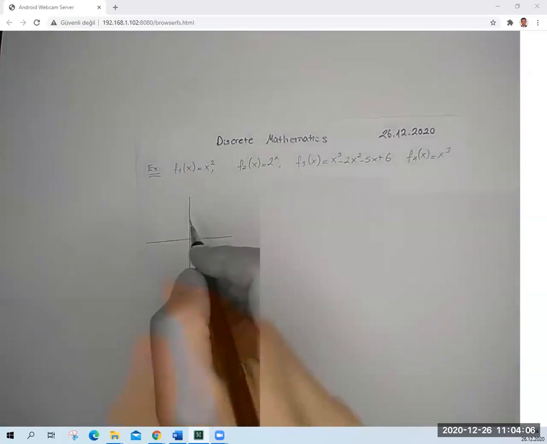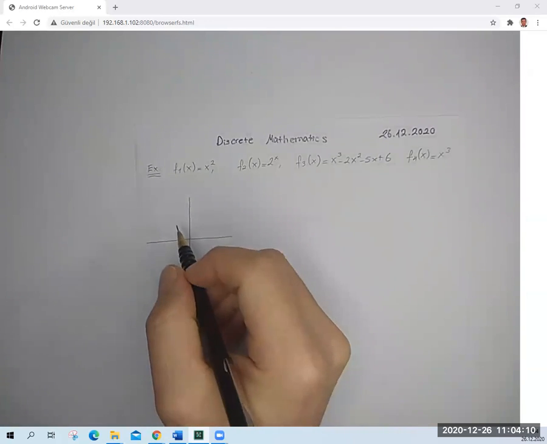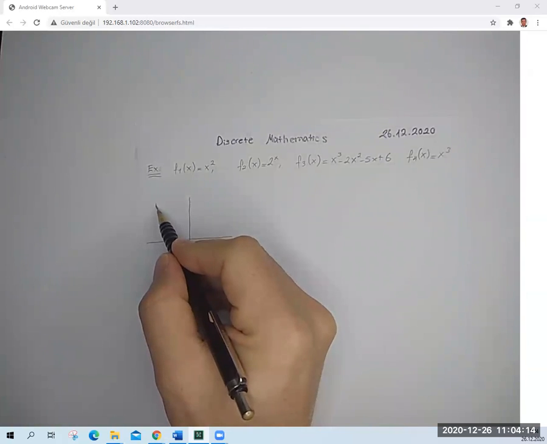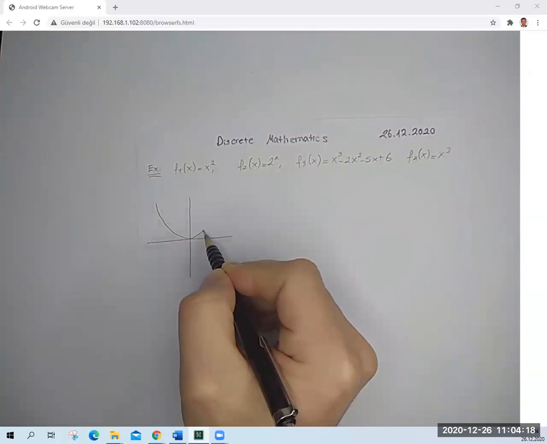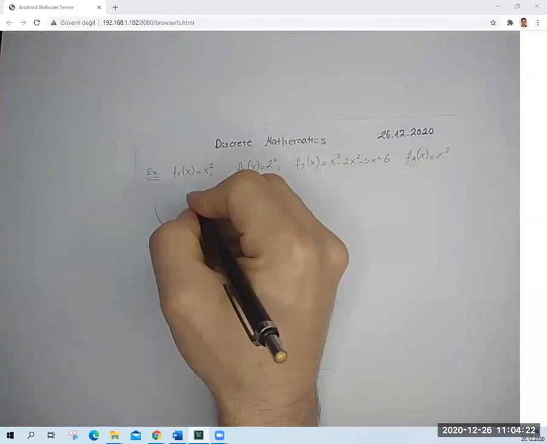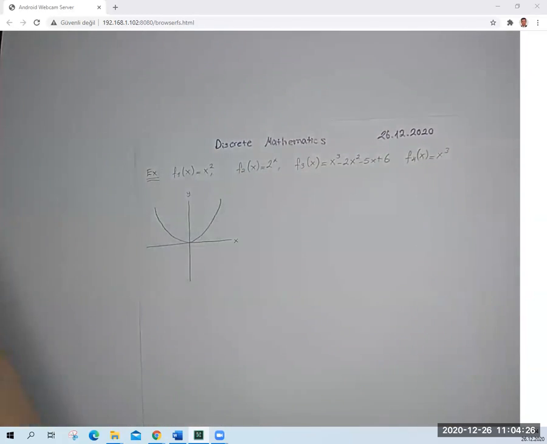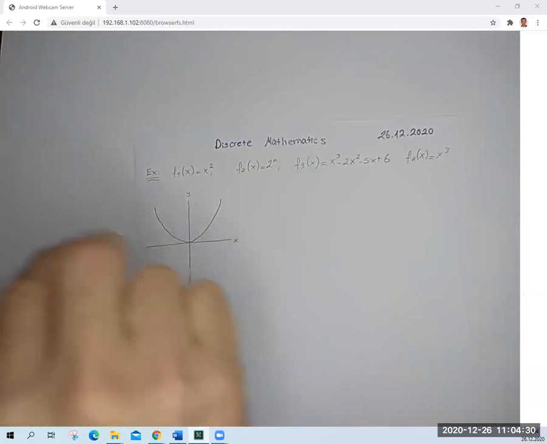okay, like that may be better for the video vision. And here is the x squared graph, and y and x. This is the graph of f1.